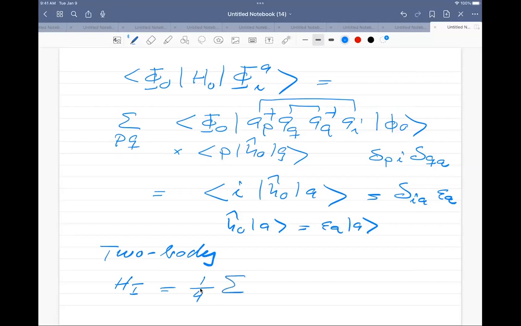So we are going to have a sum over PQRS, and then there is an integral PQV of RS. And then I'm saying that these operators are normal ordered with respect to the new vacuum. As I said, later we are going to interchange that and just leave out these curly brackets.